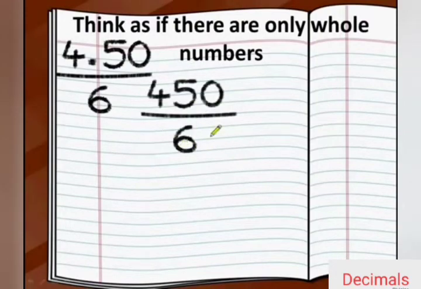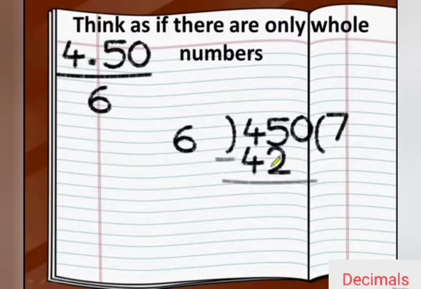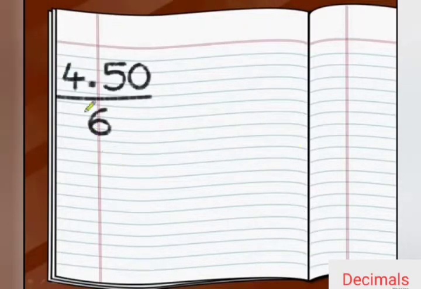So if we divide it, what will we get? Yes, we will get 7 times 6 is 42, and then subtraction, 45 minus 42, 3. We will carry over 0, and 5 times 6 is 30. So we got the answer of 450 divided by 6 as 75. So the quotient is 75.